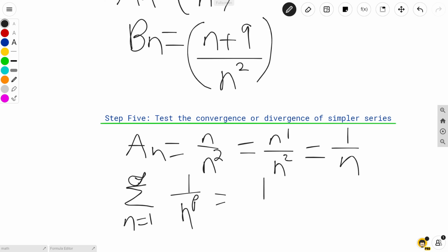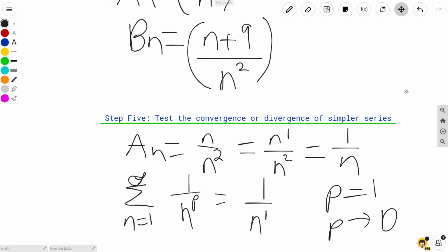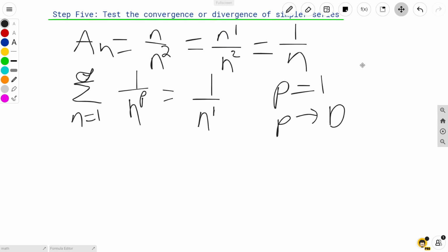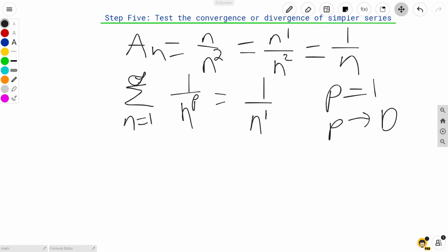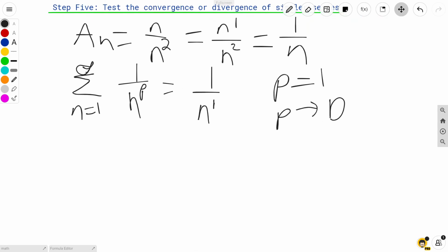In this case, 1 over n, p is 1. And whenever p equals 1, the series diverges. This is also known as the harmonic series. So since p diverges, a sub n diverges.